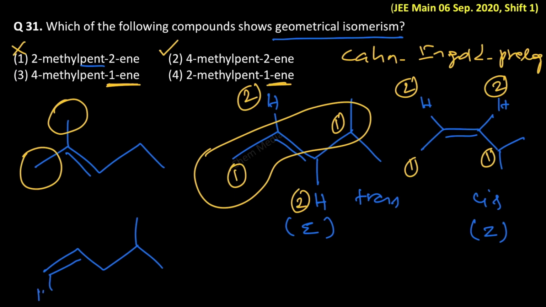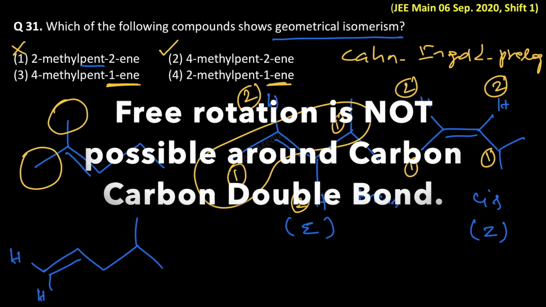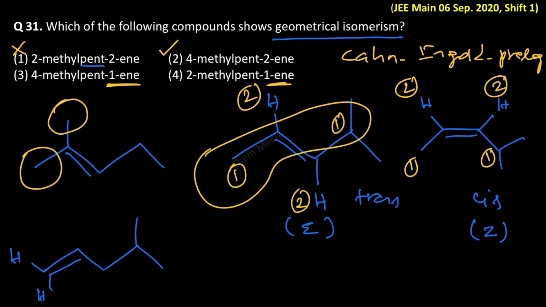So we have hydrogens here on the same side of the double bond, so therefore geometrical isomerism is not possible. Likewise for 2-methyl pent-1-ene, 1, 2, 3, 4, 5, at 2 position methyl group, so we have 2 hydrogens on the same side of the double bond. So therefore option 2 is correct.